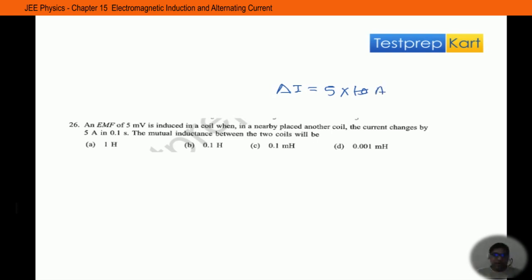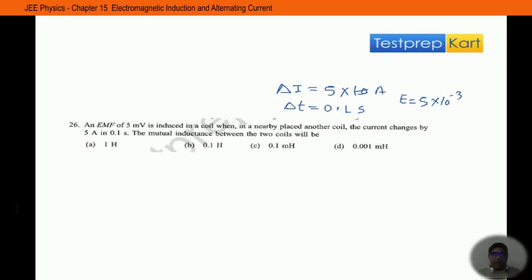Delta T is 0.1 second, and the induced EMF is 5 millivolt, so this is 5 into 10 to the power minus 3. Here we need to calculate the mutual inductance.